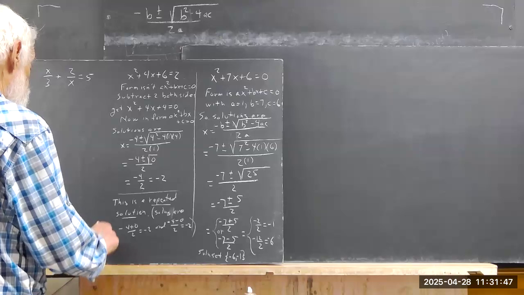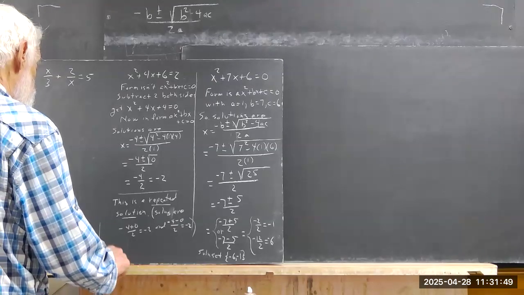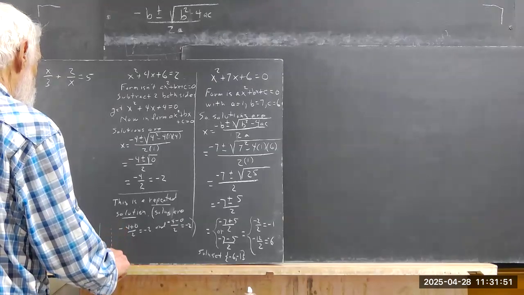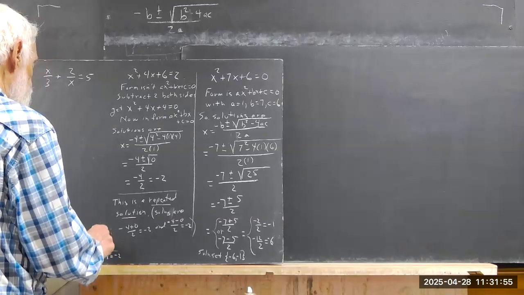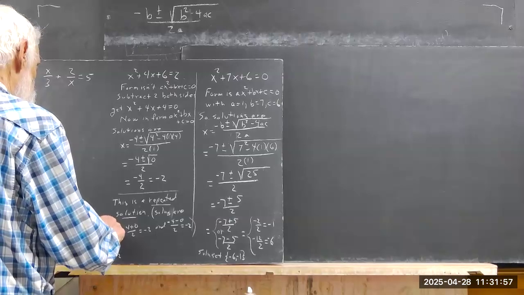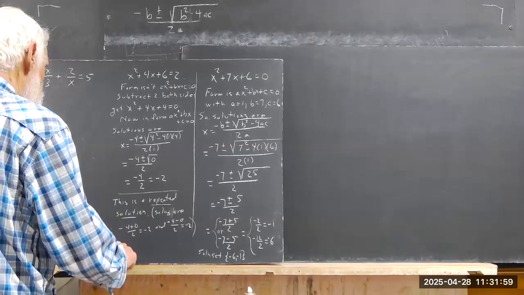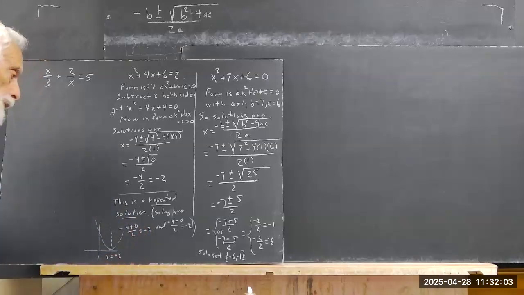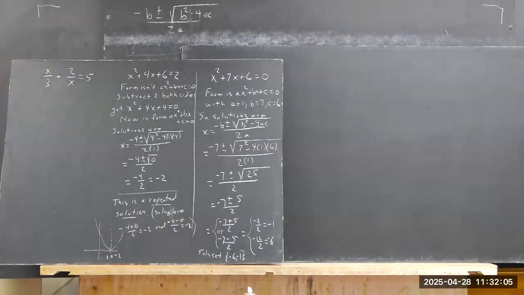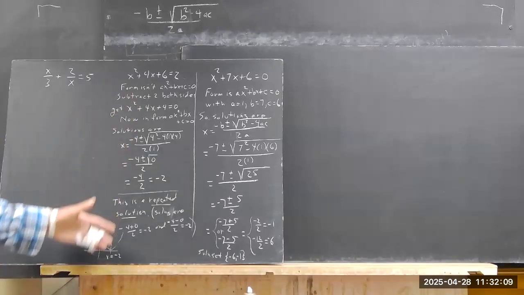It tells us that the graph comes down and touches the x-axis at x equals -2. So there's a reason for learning this.